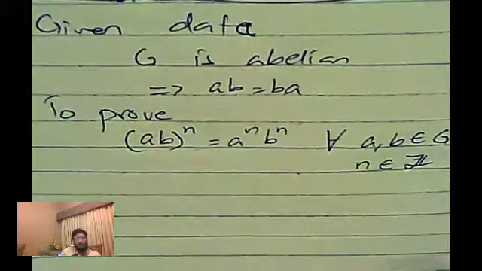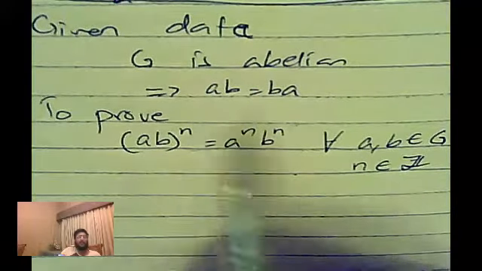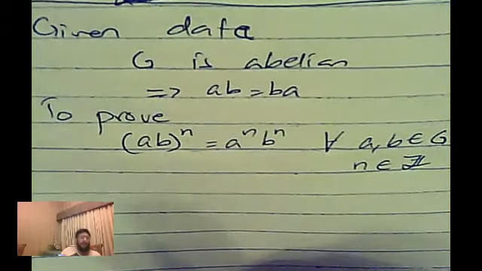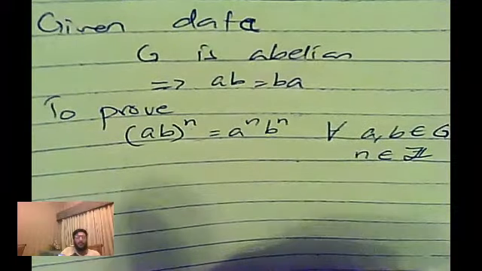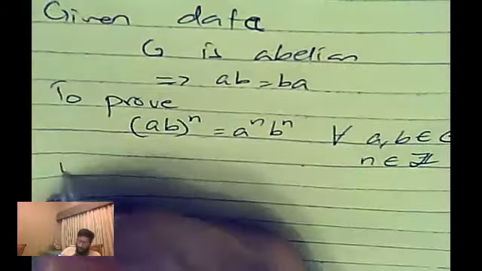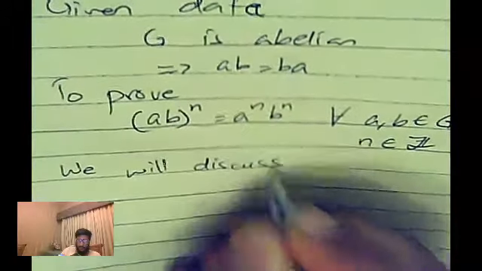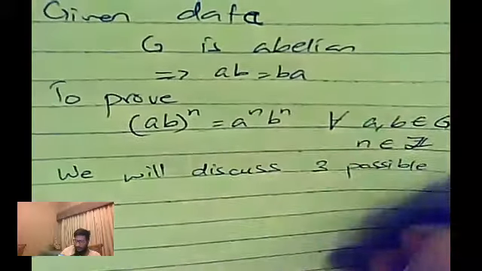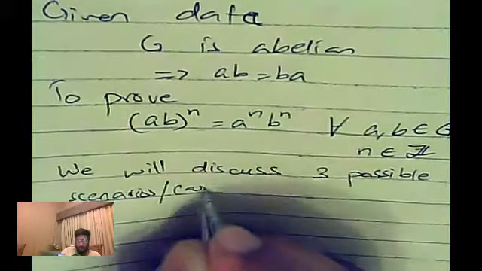Okay, now we will discuss the three possible cases in this scenario: n could be a positive number, n could be a negative number, and n could be equal to 0. We will discuss three possible scenarios slash cases.